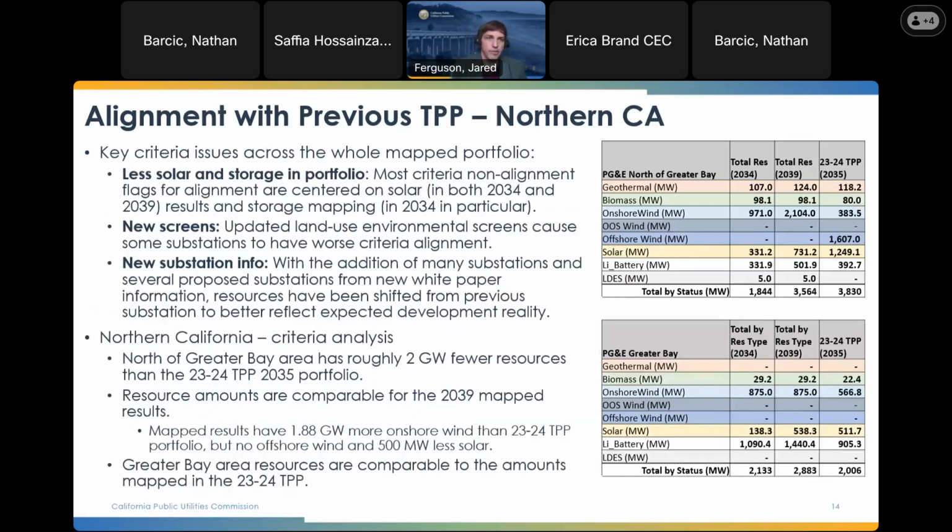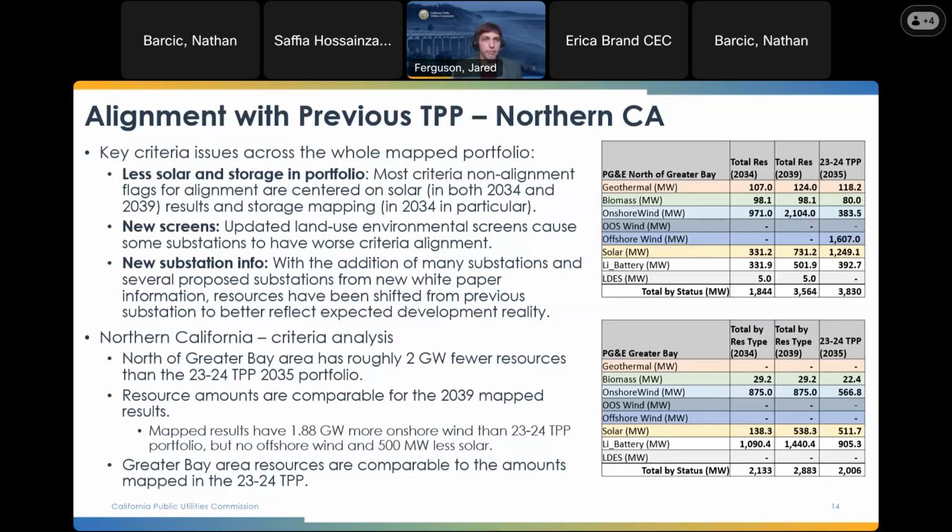So this gets to our penultimate criteria, alignment with the previous TPP. I talked a little bit about this at a higher level at the start. I'm going to go into a little more detail in certain areas of the state. Again, across the portfolio, the key misalignment is just the fact that there is less solar and storage in this portfolio.